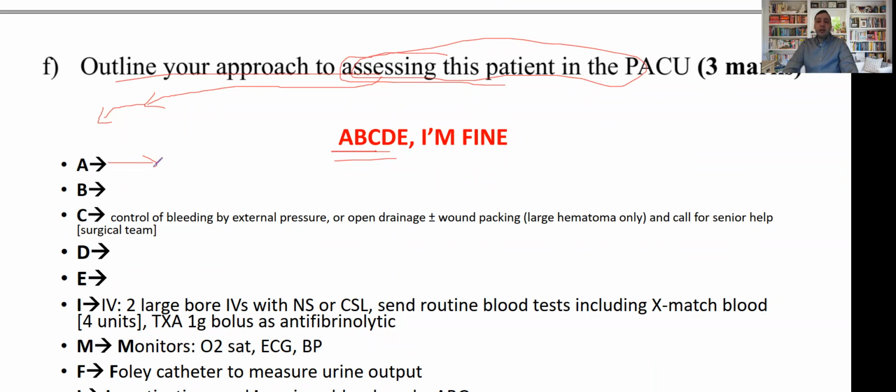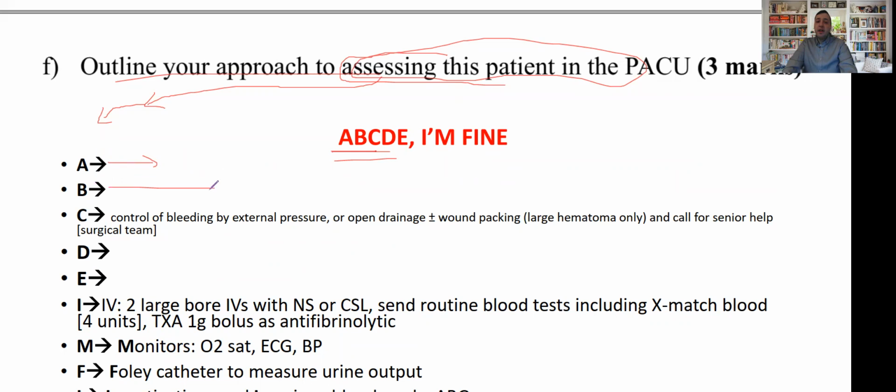If this adjunct doesn't help, I would like to call for help from the anesthetist for definitive securing of the airway by endotracheal intubation or by LMA insertion. So this is how to explain it. You have to explain all of this in the airway.